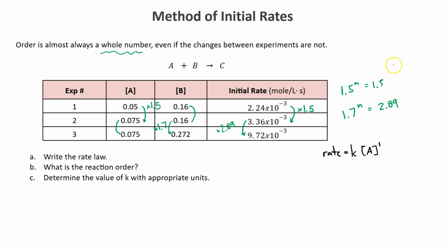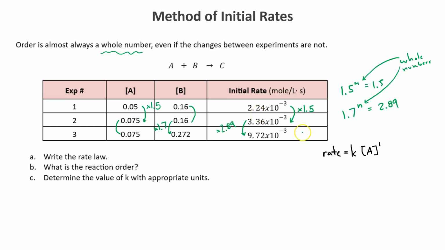Let's be clear about this. The orders that you will see, the exponents, those will almost always be whole numbers. At higher levels you might see non-whole number orders, but in your standard chemistry class, the orders will either be 0 or 1 or 2, maybe every once in a while 3.